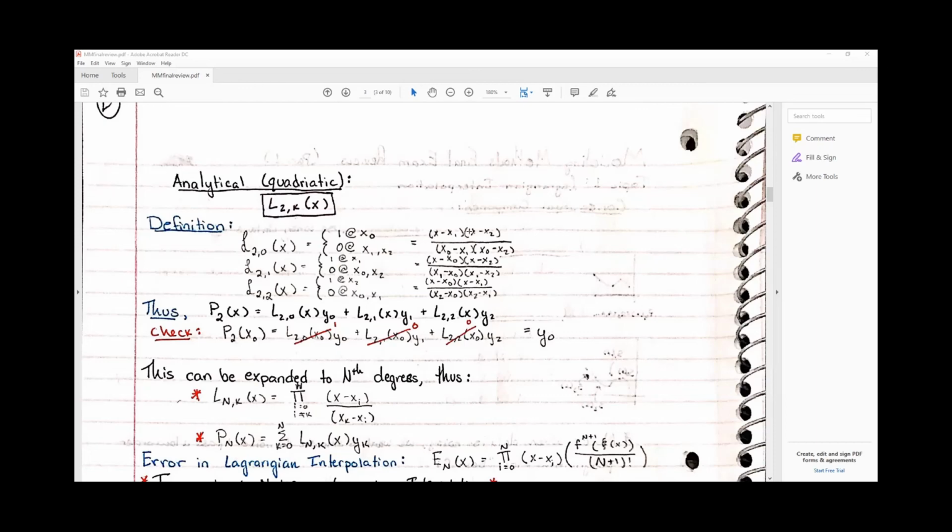But as general practice, think of it as x sub 0 is what you're looking at because you're at your 0th data point. So you're going to be saying x minus x sub 1, which is the next x, one step forward, times x, keeping that x as it is again, minus x sub 2, which is 2 steps forward, over your current x minus the 1-step-forward x, times your current x minus the 2-steps-forward x.